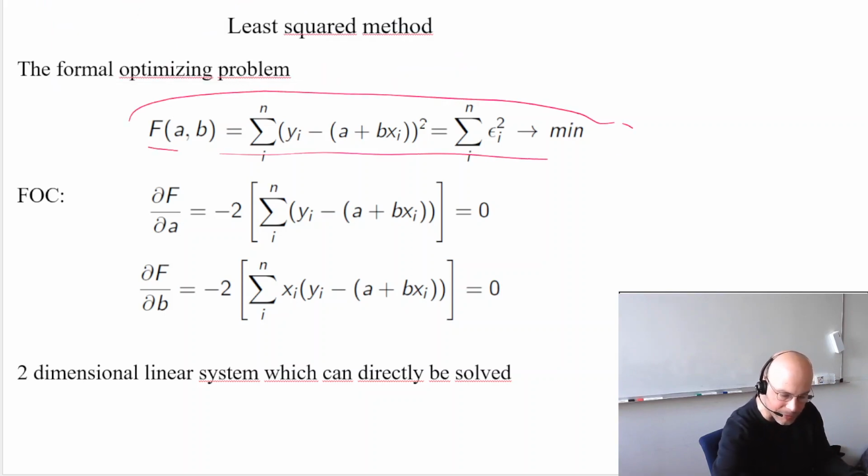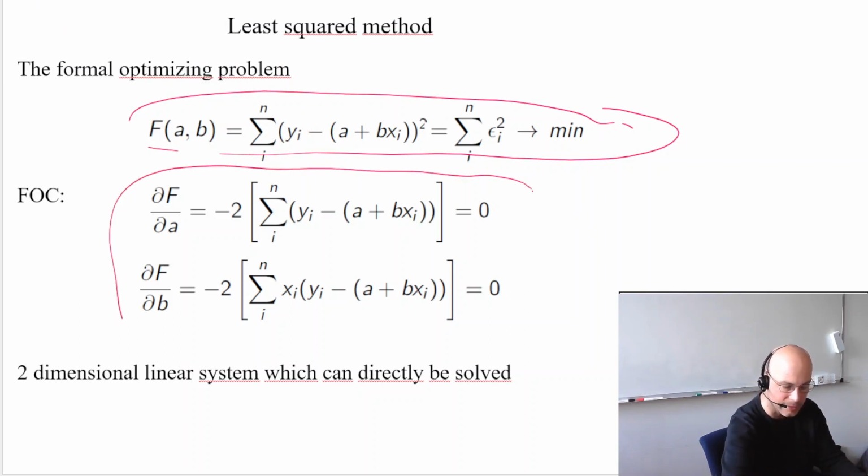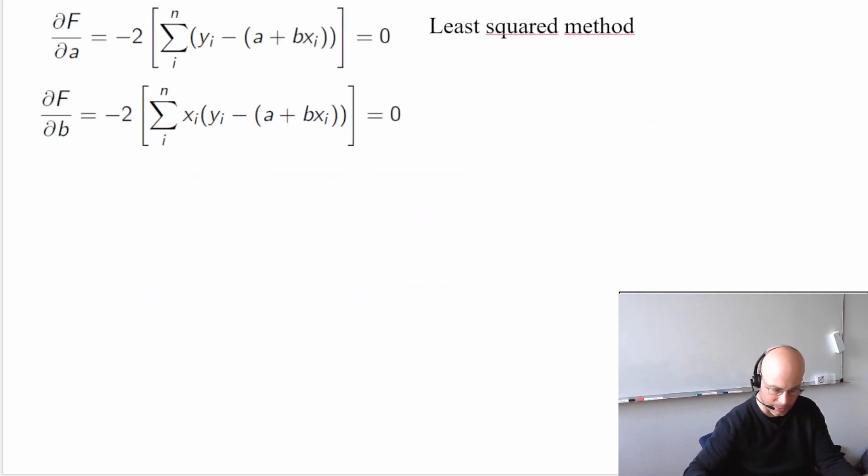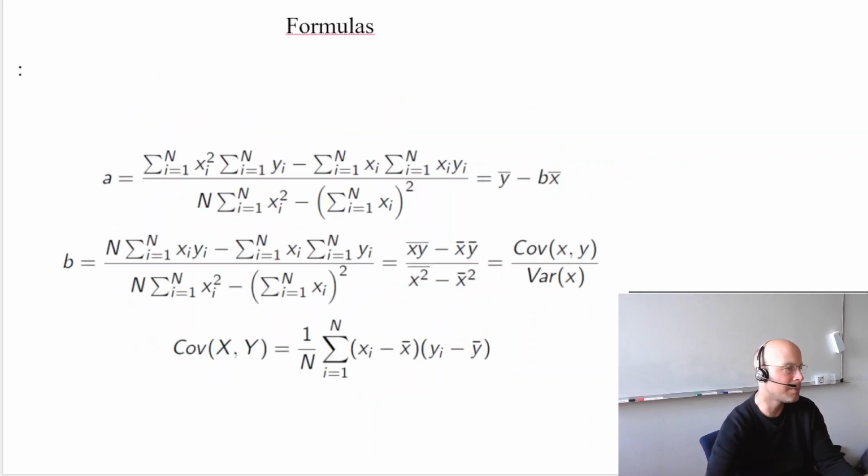Well, this is our optimizing problem, maybe, but also not quite often in statistics courses. You see just the first order conditions, and then you say, well, oh, this is so complicated with these summations, and what do I have to do, and so on. And then you only obtain these two formulas here.